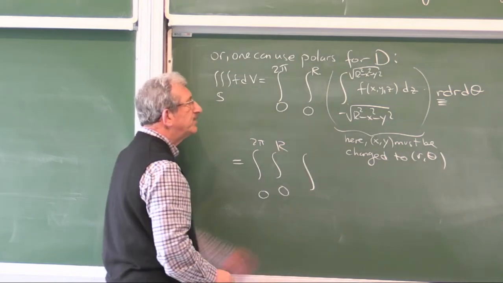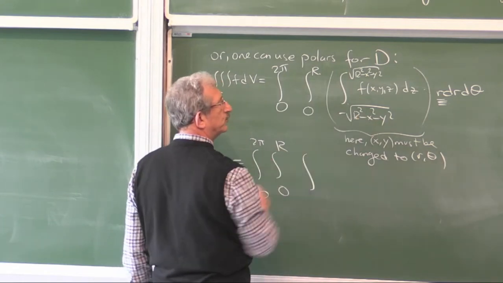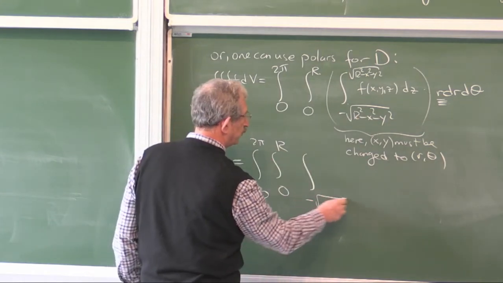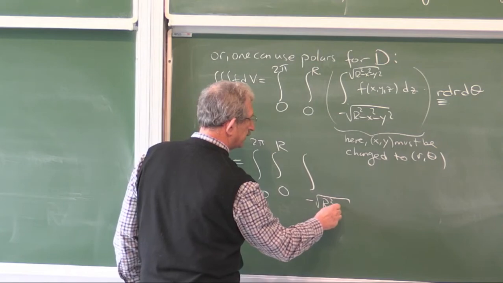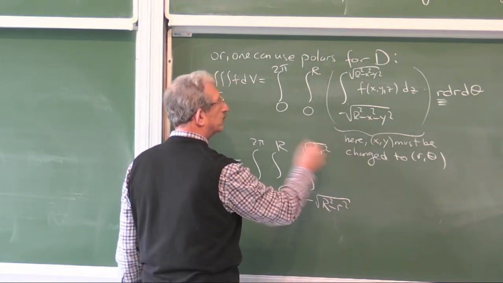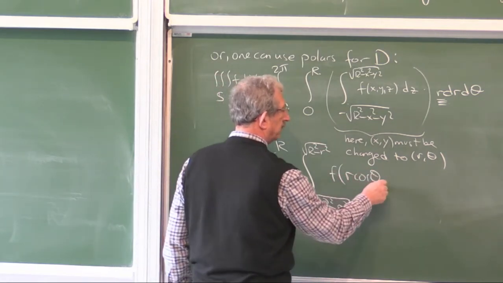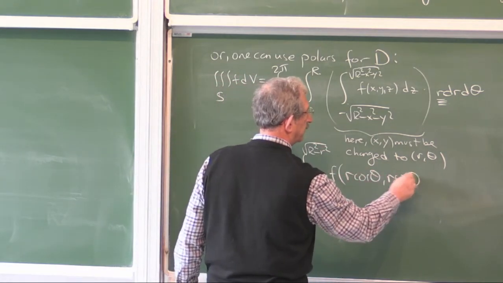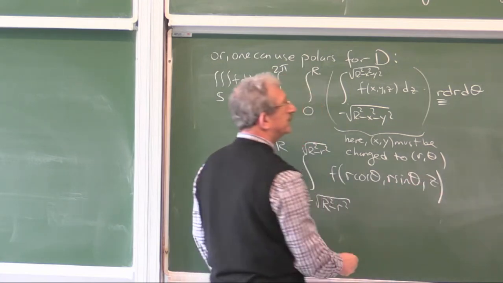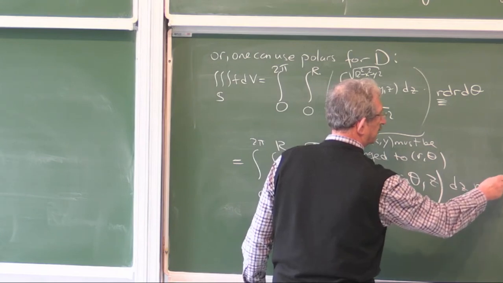Now, if we change the inside values to r's and thetas, of course, this will be minus root r squared minus lowercase r squared at the bottom, and the positive root at the top, f of r cosine theta, r sine theta, z, where z is z, we did not change that, dz, r dr, d theta.